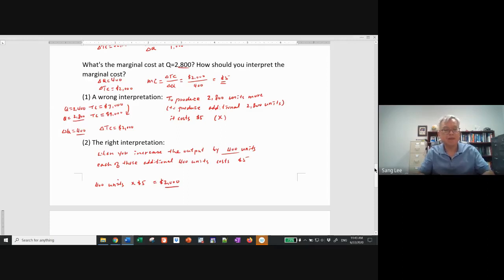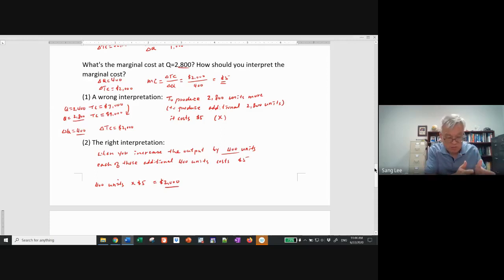So the right way to interpret marginal cost is this. Each of those additionally produced units, how much does each of those additional units cost? Or you can say the last unit: when you produce up to 2,800 units, how much does the last unit cost?